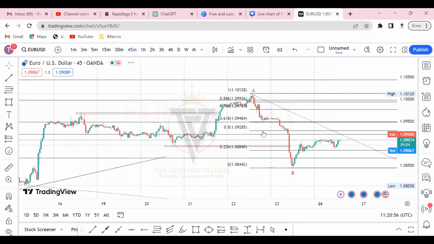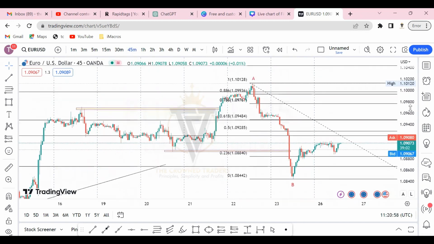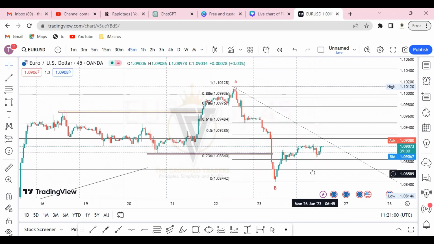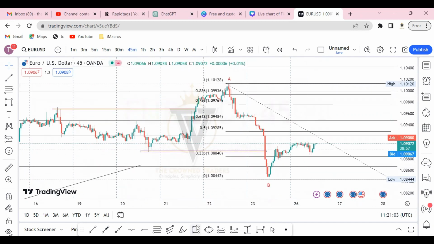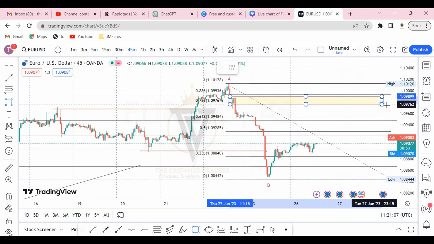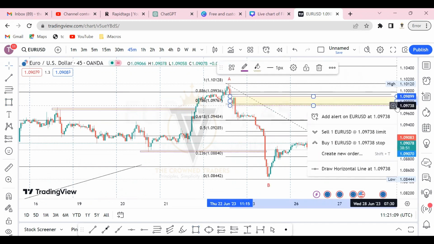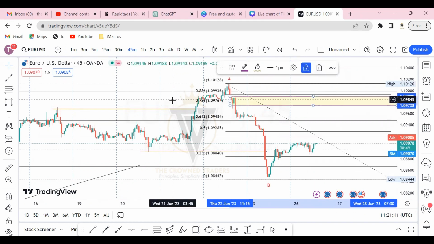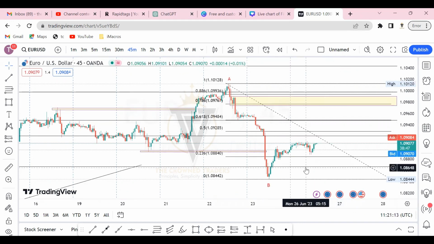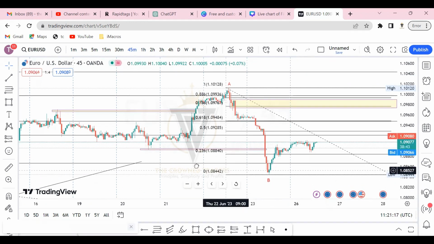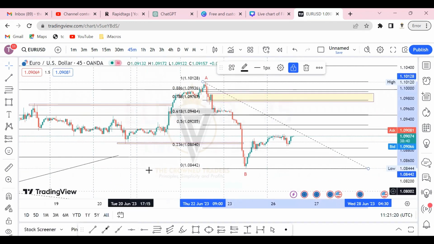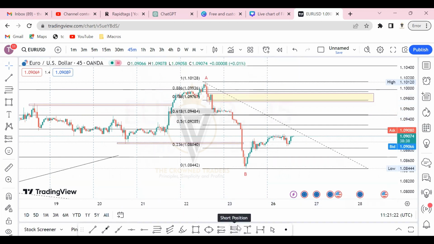All right, so go to M45 to check. In my M45, I'm seeing a key decision at my 0.618 level. I'm seeing a key candle, an engulfing candle forming at my 0.786 level, and that may be my point of interest for my sell.